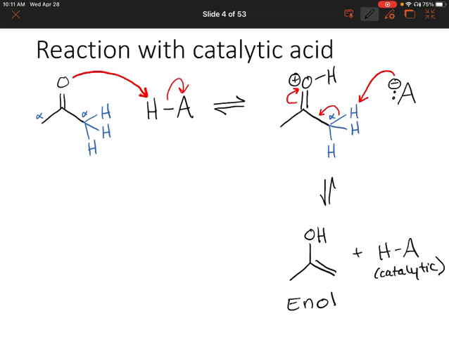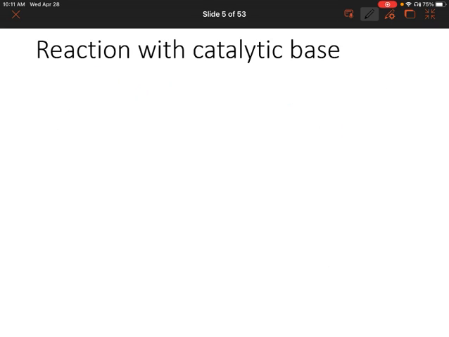Okay, now let's look at what happens if we react the same ketone with catalytic base. So this isn't going to be a strong base, it's just going to be a fairly weaker base, which is why it will be a catalytic base. All right, so let's again start with our ketone, and I'm going to draw those alpha protons again.